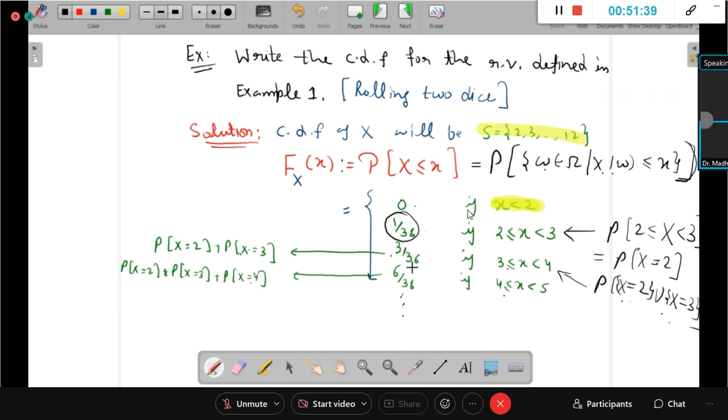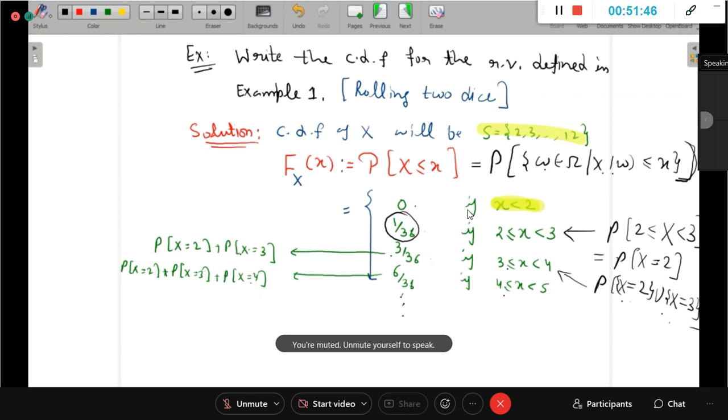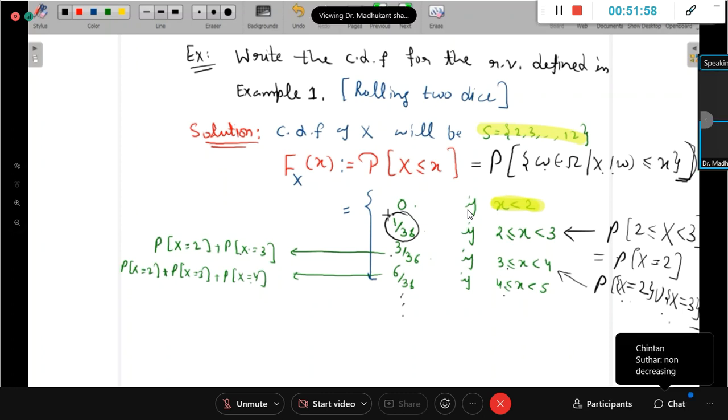So what you're observing here, can you observe the nature of this distribution function? Can someone tell what is the nature of this one? Yeah, increasing function, yes. And more precisely, it is also a step function.